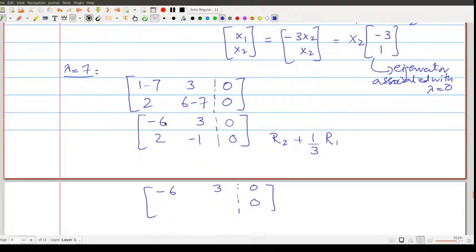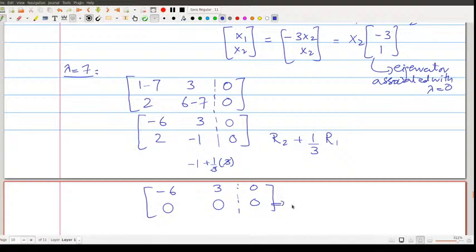So I need to divide this by 3, which will make it 2, and then I can add this to make it 0. So this becomes 0, and then this entry is minus 1 plus 1 upon 3 times 3, right? These cancel out, minus 1 plus 1 is 0.